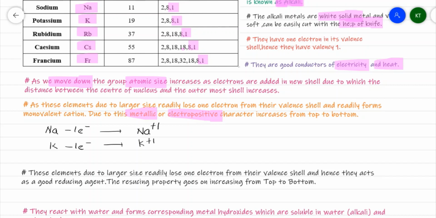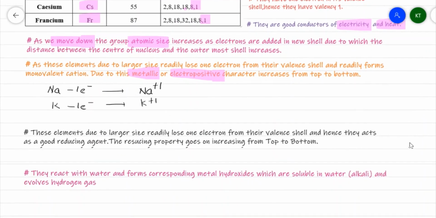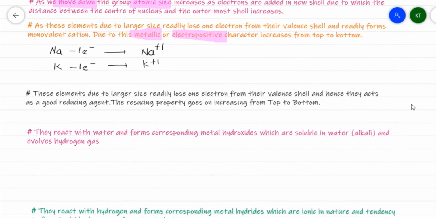You will observe that cesium will lose its electron very quickly because of its larger size.